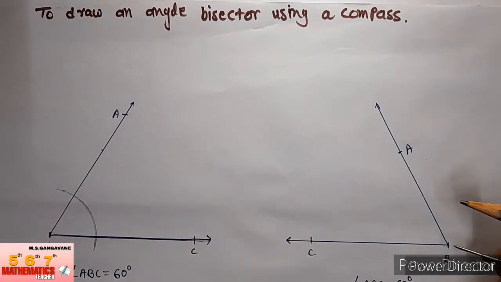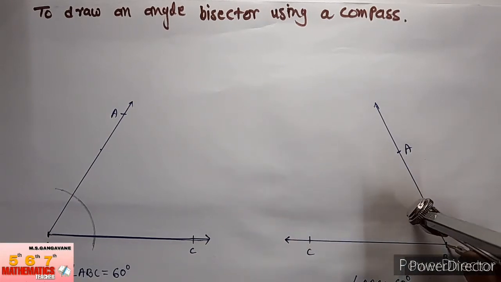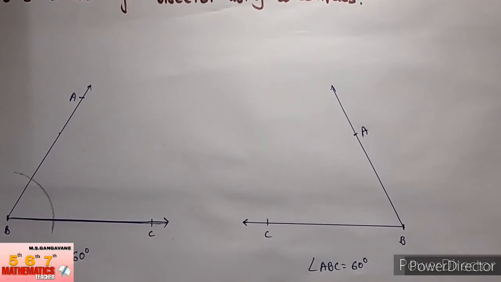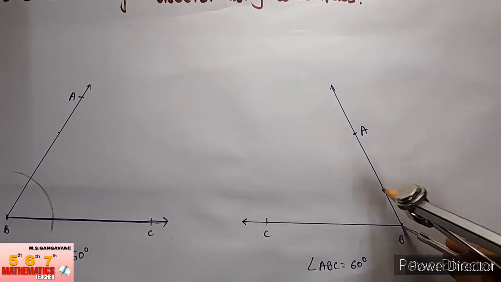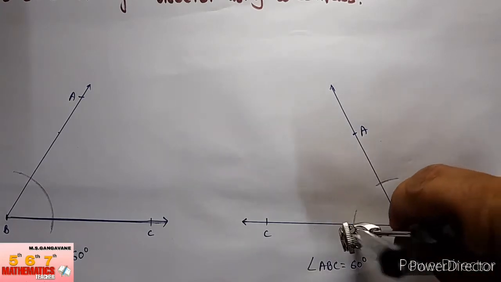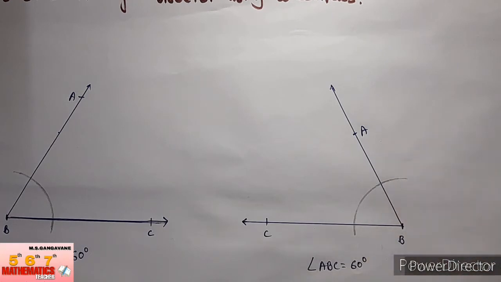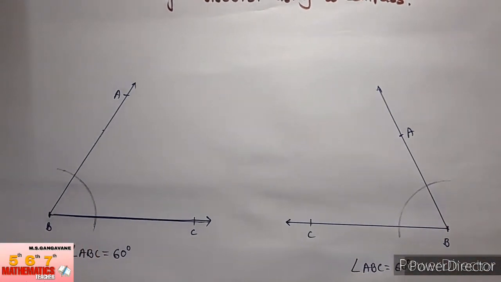Same condition on the other side. Get the convenient distance with the compass. Done. Now make the arc. Okay. Do you understand? Very good.